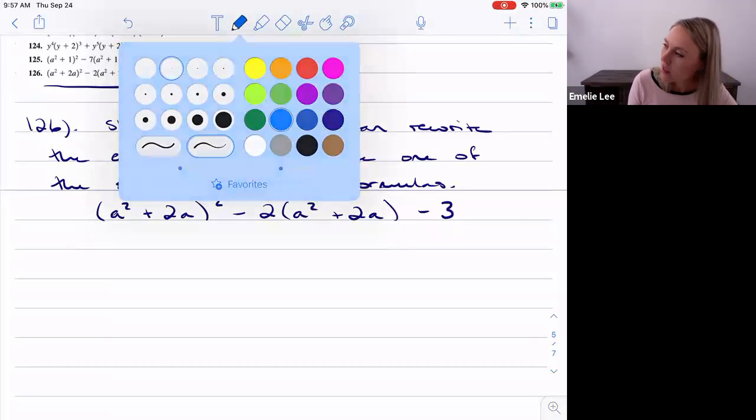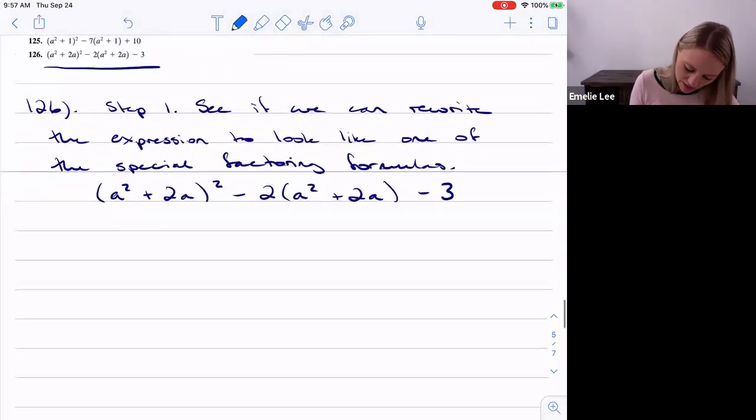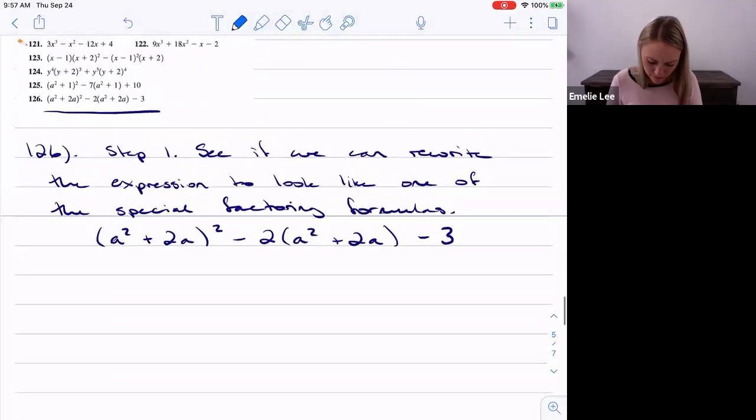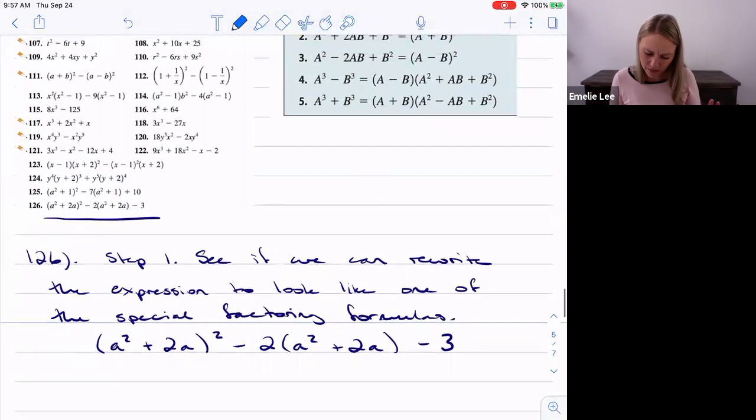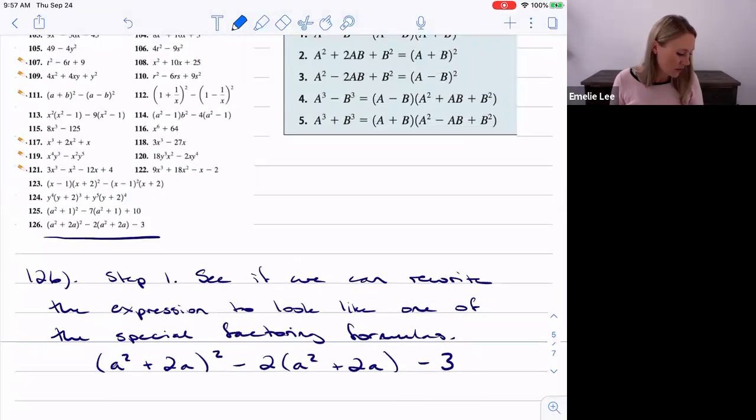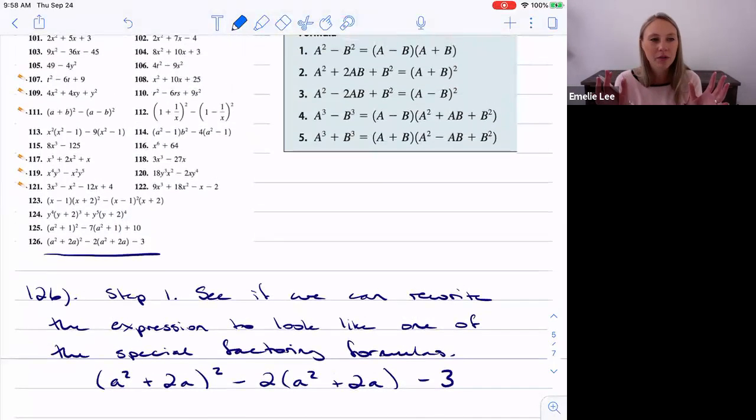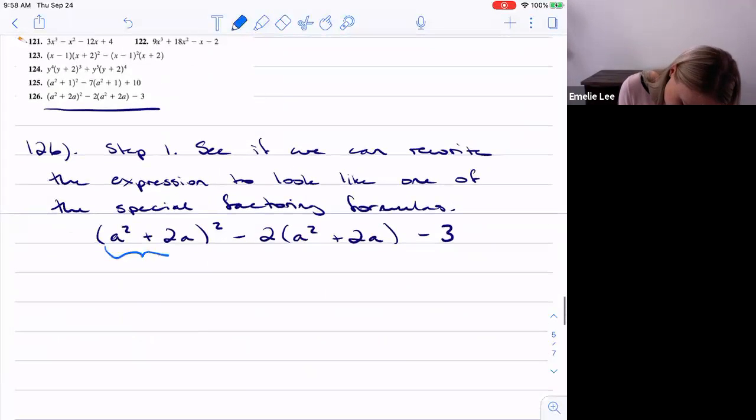Here, I'm going to make a note and say, okay, well, just kind of putting my blinders on a little bit, this looks sort of like I've got one term here, a squared plus 2a. If I just treat that as one thing, I've got it appearing here again, right? So let's call this thing a.